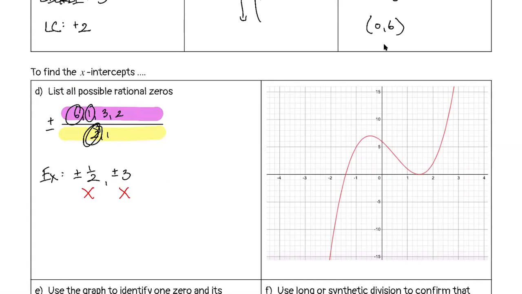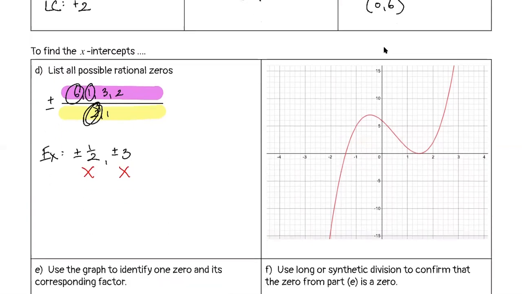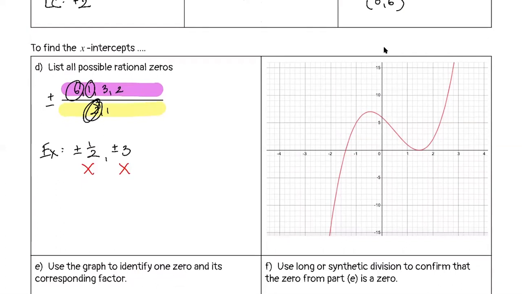Yeah, exactly. So there are actually other cool theorems, like here's the highest number you should try, here's the lowest number that you should try. So there's a lot of logic and reasoning in this. But if we look at our graph, all right, we've got 1 zero right here, all right?